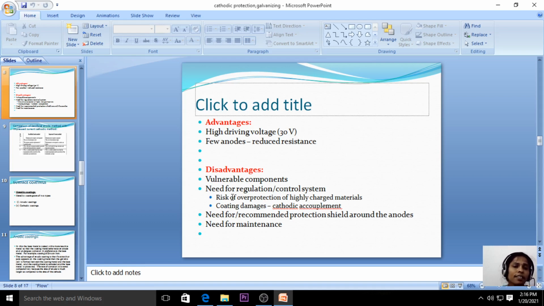Now the disadvantages: vulnerable components, need for regulation or control systems, risk of overprotection of highly charged materials, coating damage, cathodic disbondment, need for a protective shield around the anodes, and need for maintenance. So these are the disadvantages of impressed current cathodic protection.